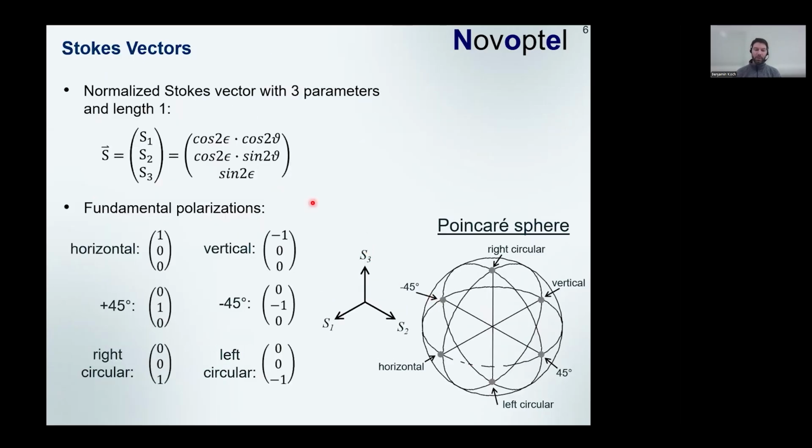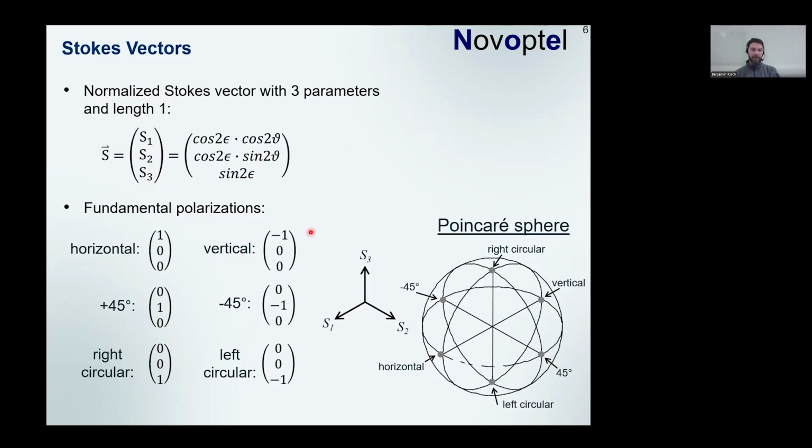So with epsilon and theta, we can set up a vector with 3 parameters in the sphere, which represent a point on the surface of the sphere with S1, S2, S3. And the fundamental polarization then would have a 1 or minus 1 in one of the axes. So we are at one of these dots for the fundamental polarizations.